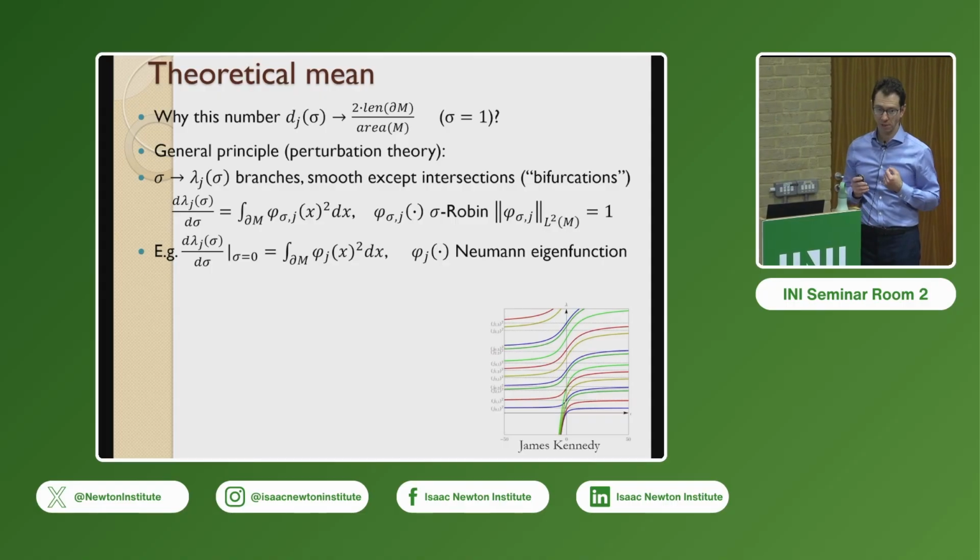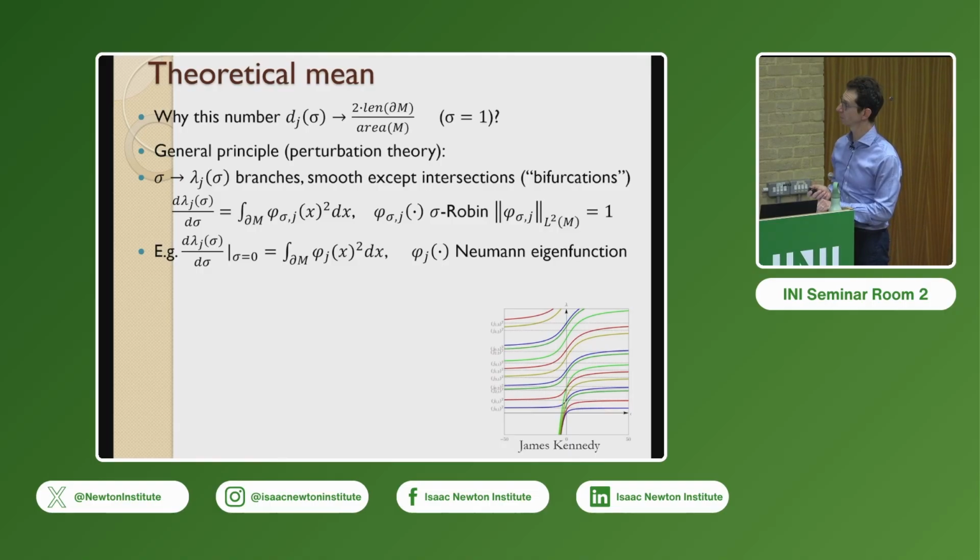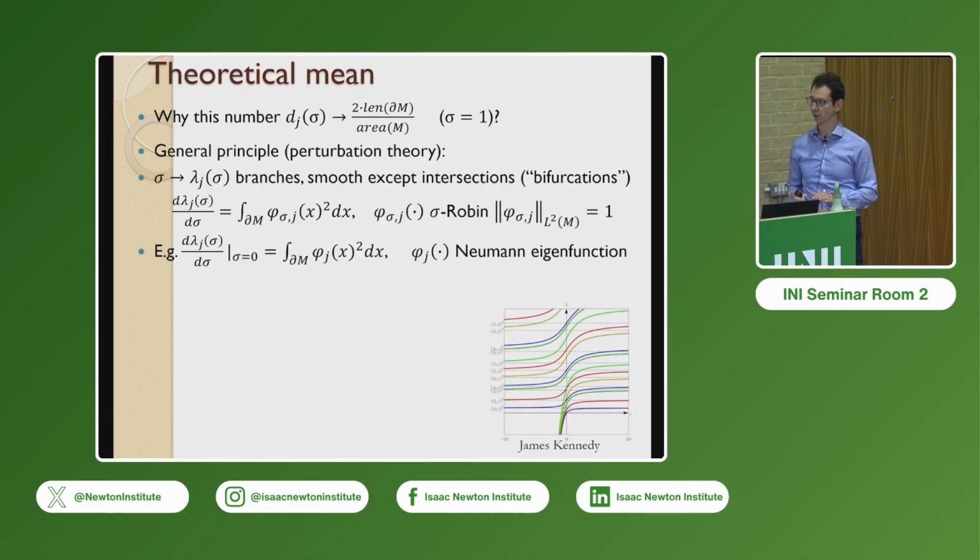Okay, so let me explain what this theoretical mean is, where it comes from. There is a general principle in perturbation theory, and there are a lot of people here that know this much better than I do. So there is a variation formula for the derivative of lambda_j as a function of sigma. There is a subtlety here. Lambda_j is not necessarily a smooth function.